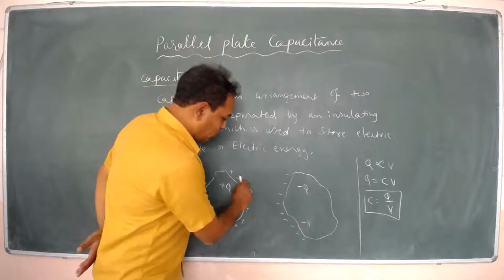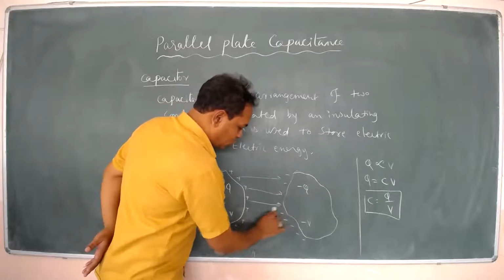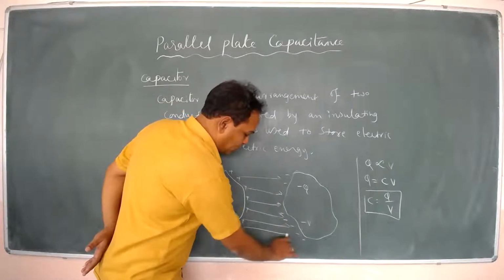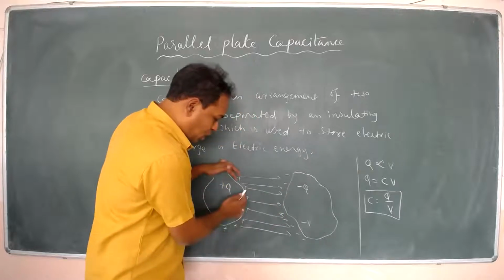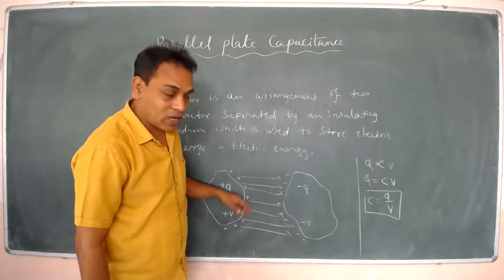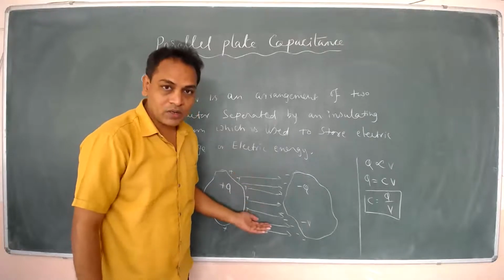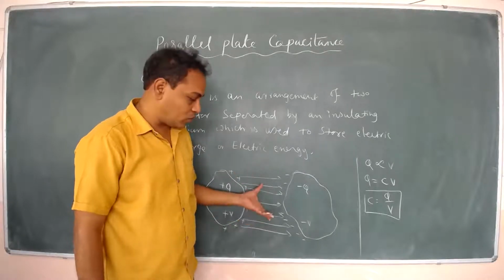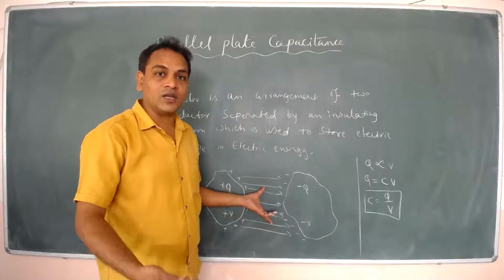Similarly, the electric field will run from positive to negative. If you give more charge on the conductors, then more electric field will be produced between them, which means more electrical energy is there.